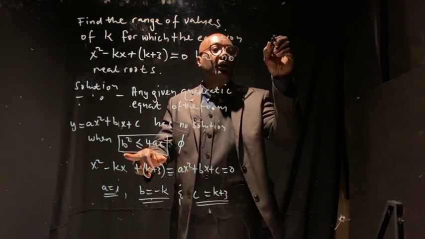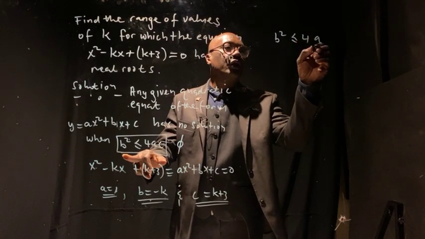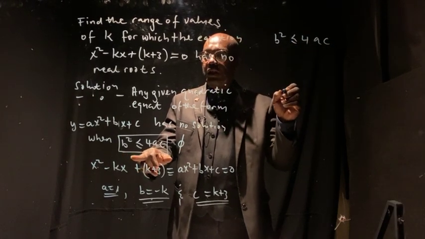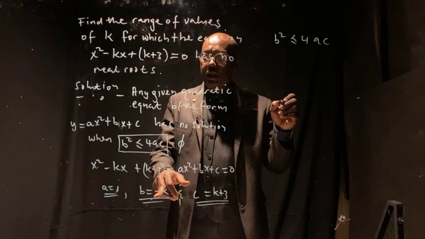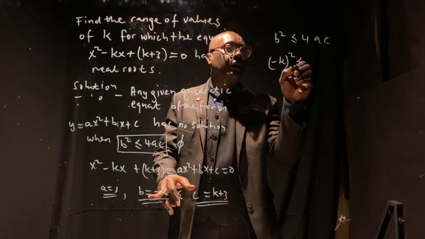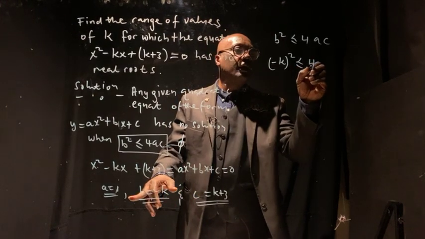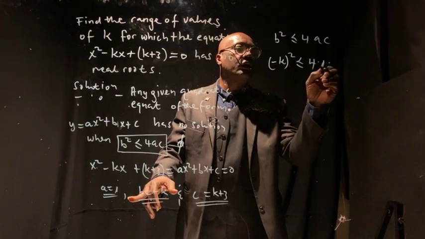b squared is less or equal to 4ac. Now, what is b? Yeah, b is minus k, squared, less or equal to 4. What is a? A is 1. And what is c?